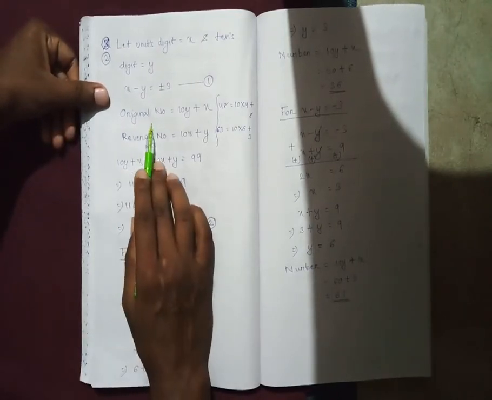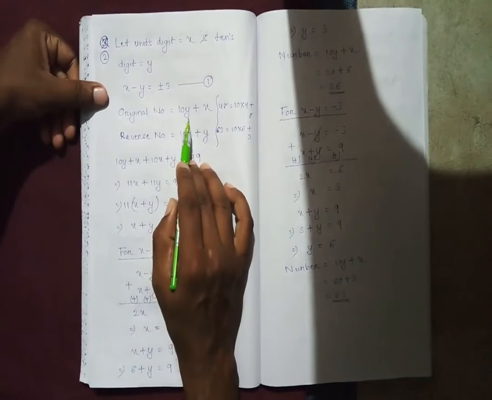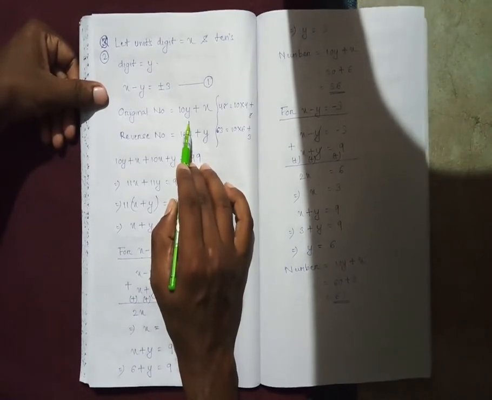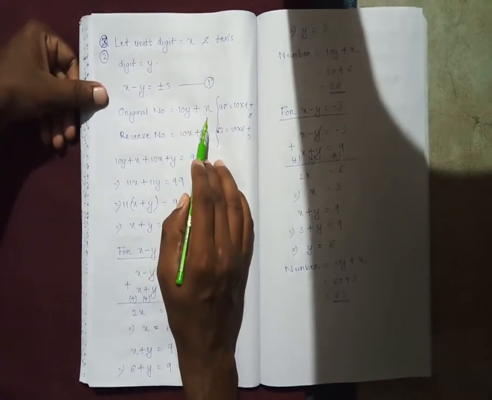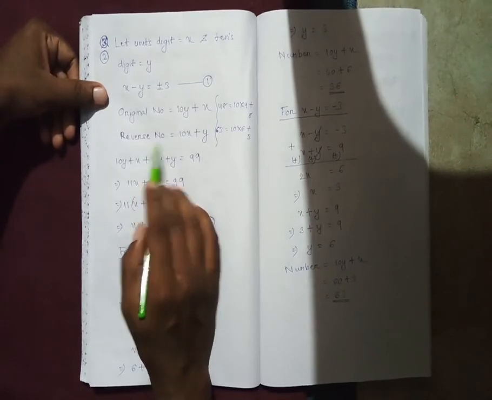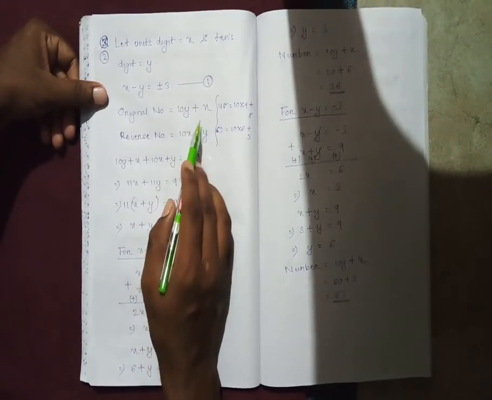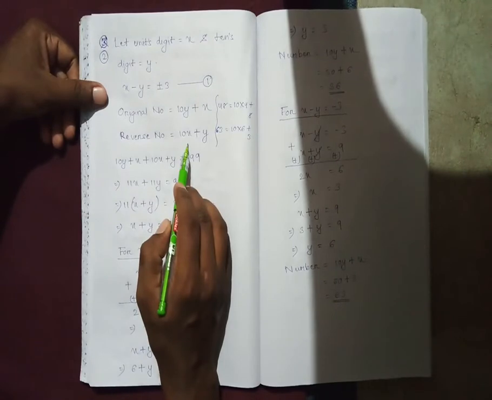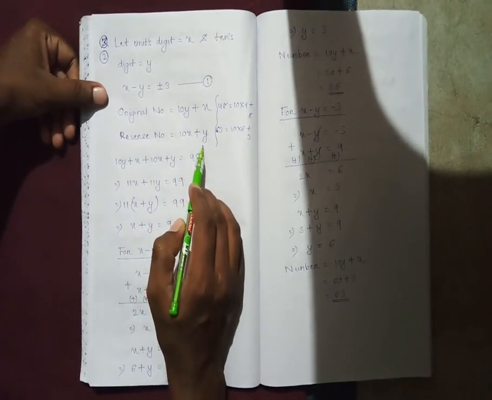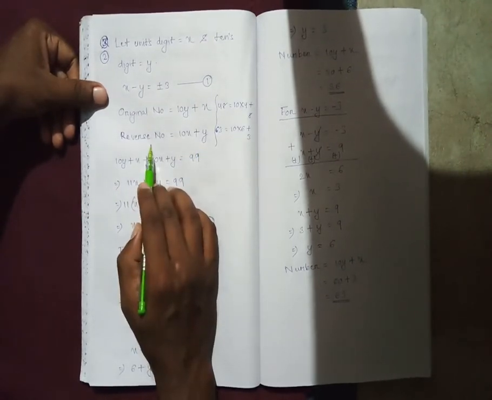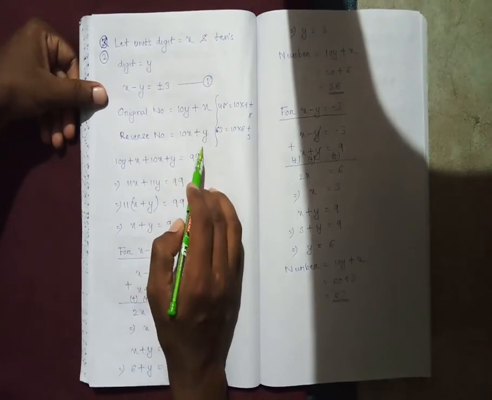So the original number is equal to 10 into tens digit, which is y we have taken, plus unit digit x. The reverse number will be with y and x changing their positions. x will become the tens digit and y will become the unit digit. So the reverse number is 10x plus y.